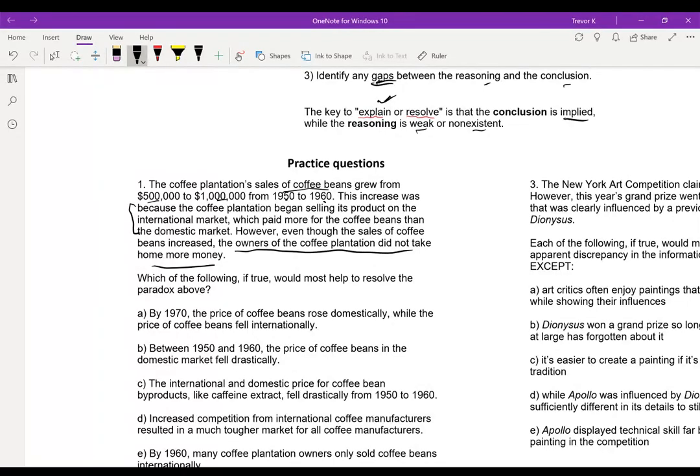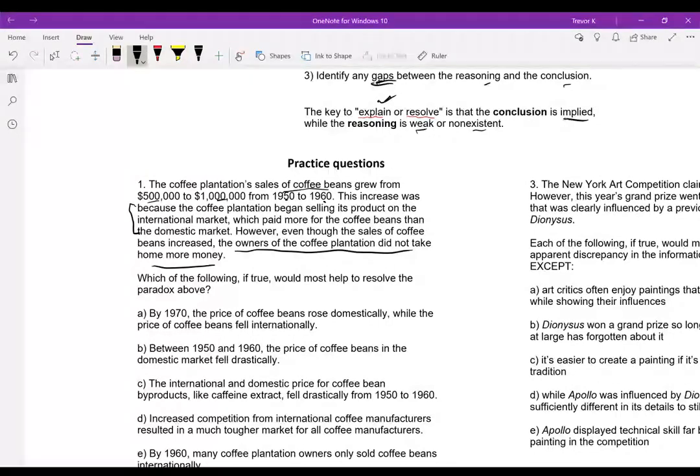Because the sales of coffee beans grew from 500,000 to 1 million from 1950 to 1960, therefore the owners of the coffee plantation did not take home more money. That's a huge gap. You'd expect that if their sales doubled from 1950 to 1960, the owners of the coffee plantation would take home more money. So we need to fill in that gap somehow.